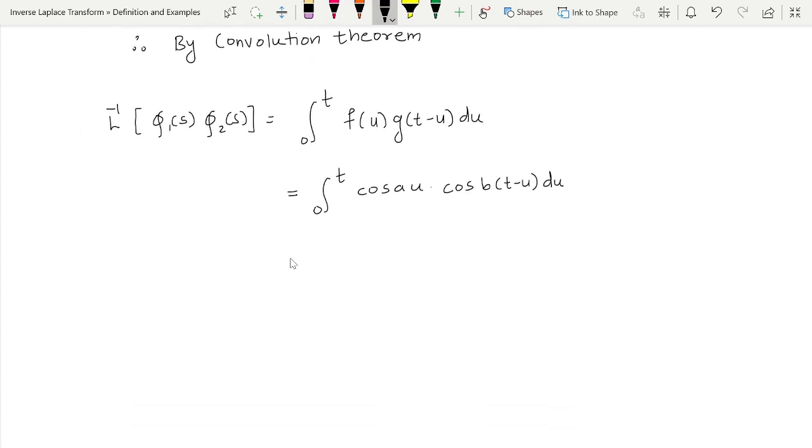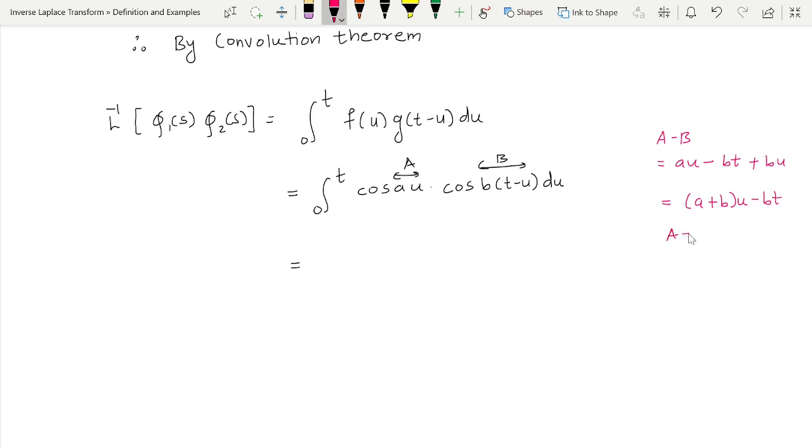So this is equal to, now obviously we have to use some formula over here in order to find this integration. And can you guess which formula to use? This is our capital A and this is our capital B. What will be my A minus B? My A minus B will be equal to au minus bt plus bu, which will be equal to (a plus b)u minus bt.